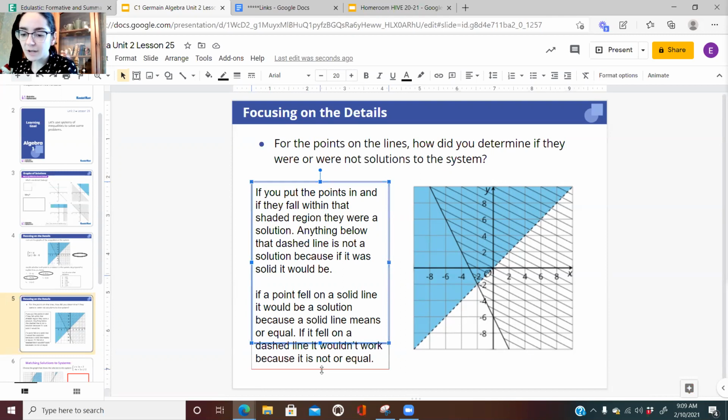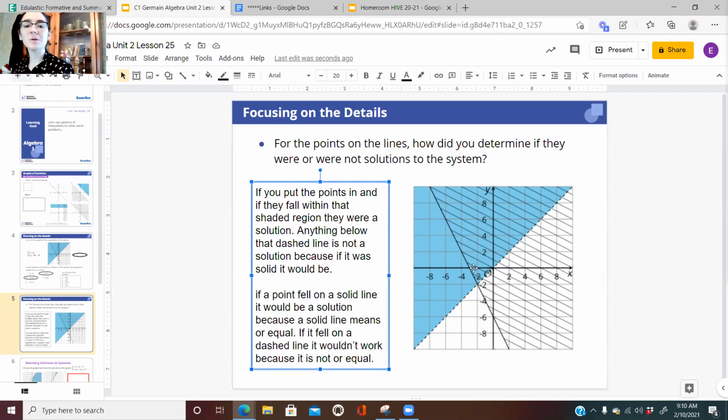Okay, so let's take a look at what Abby Wasta said. There were two pieces to this idea for today. First, Peyton told us if it falls within that double shaded region, it's going to be a solution. Then Abby Wasta added that if a point falls on a solid line, it would be a solution because the solid line means or equal to. If it falls on a dashed line, it won't be a solution because the dashed line means it's not or equal to.